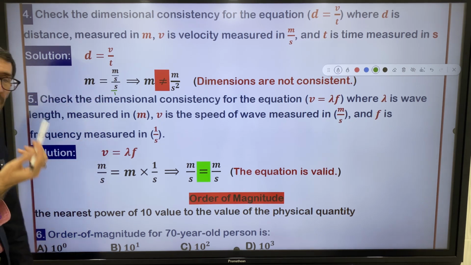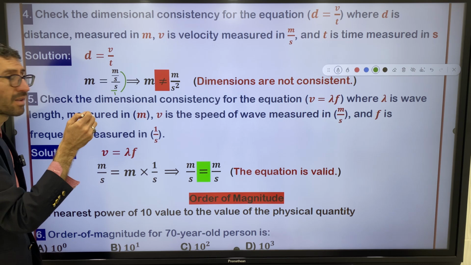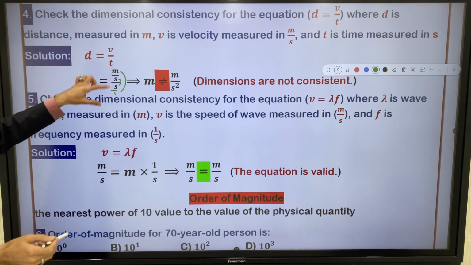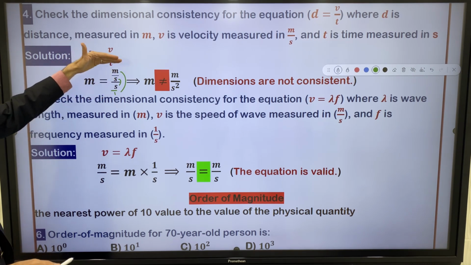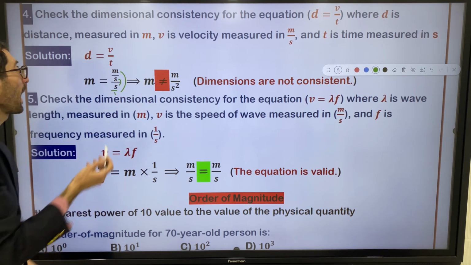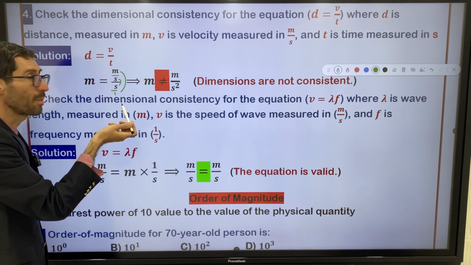Mathematically it's true. So far with far, near with near. Meter multiplied by 1 goes to the numerator, and s times s goes to the denominator.